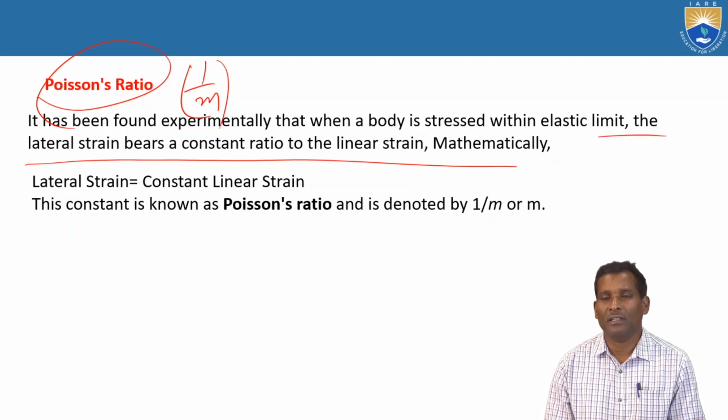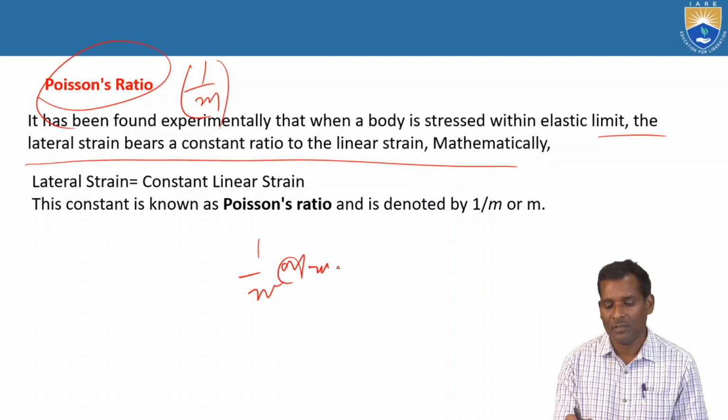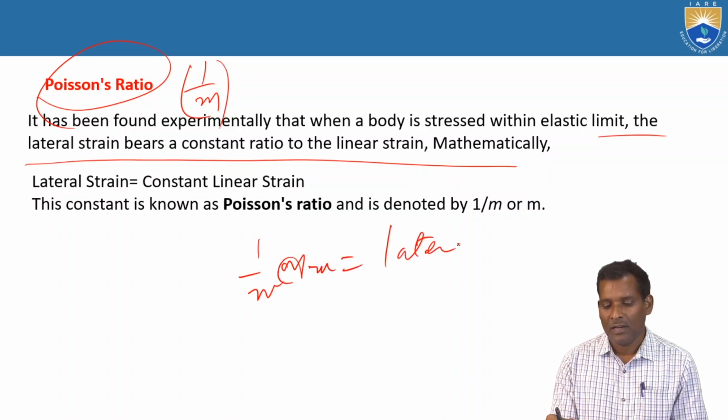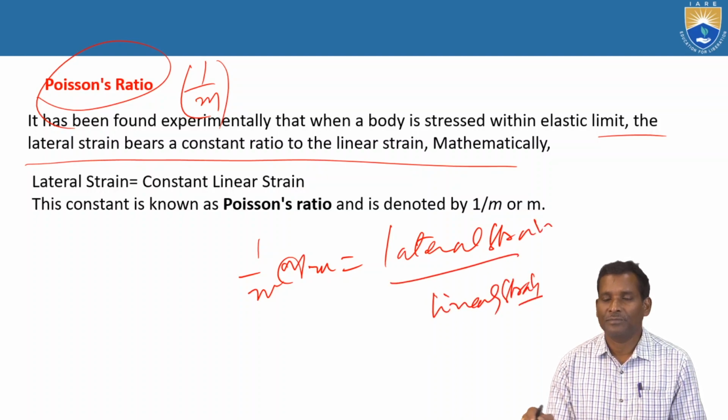So you may write mathematically: lateral strain upon linear strain is equal to Poisson's ratio. So 1 by m is equal to lateral strain by linear strain.